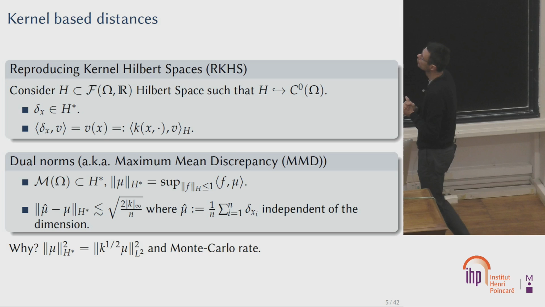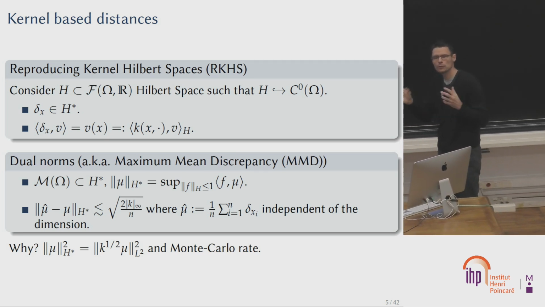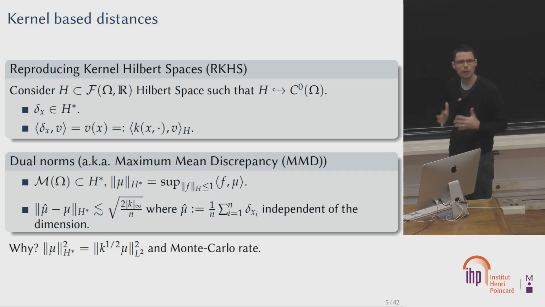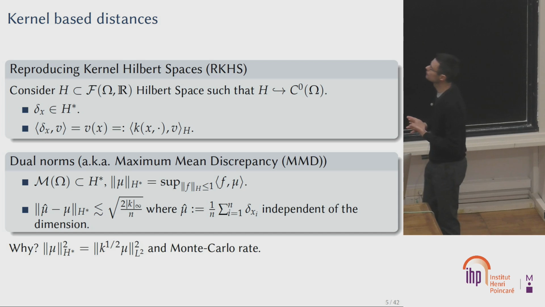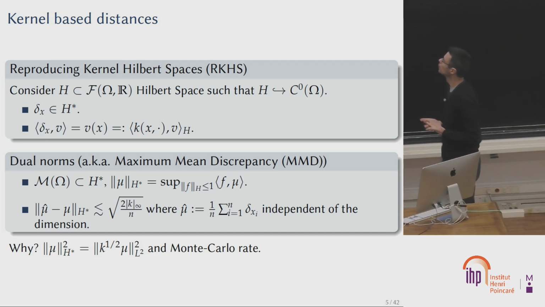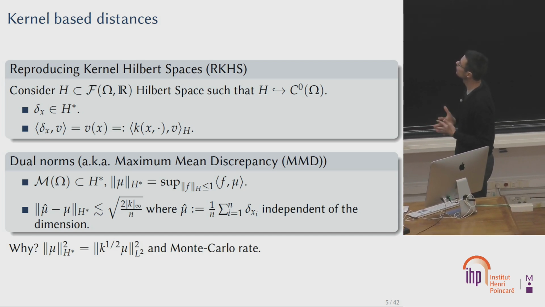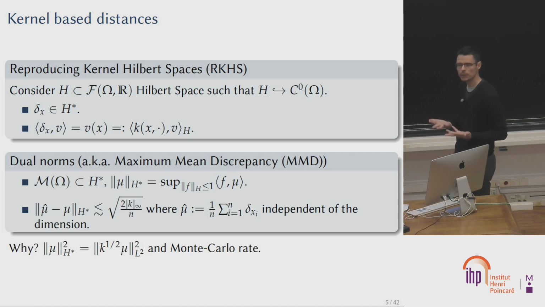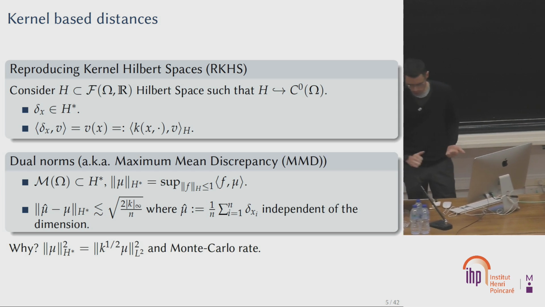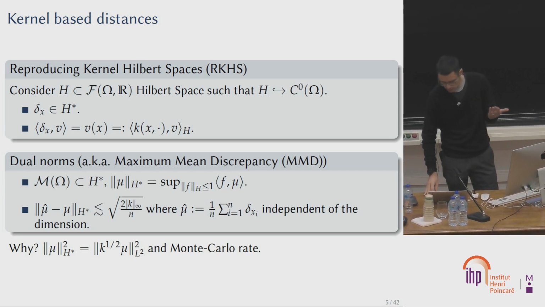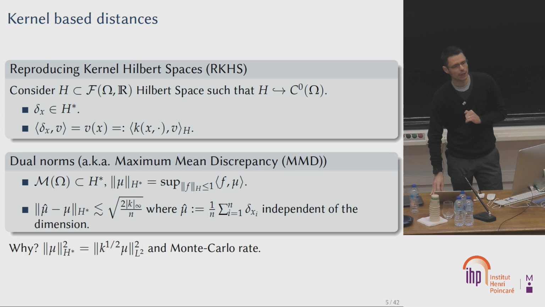And here, the square root of 2d from before is replaced by the sup norm, the supremum norm of the kernel. Okay? But here, the ambient dimension of the measure does not directly appear. It's completely hidden in the kernel. But this is a nice Monte Carlo rate. Okay?